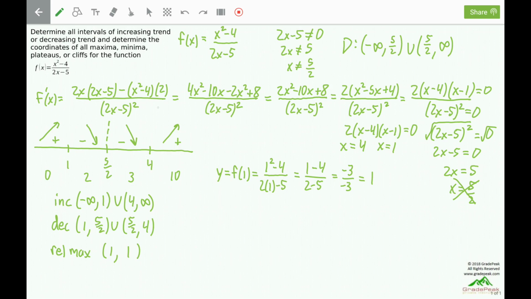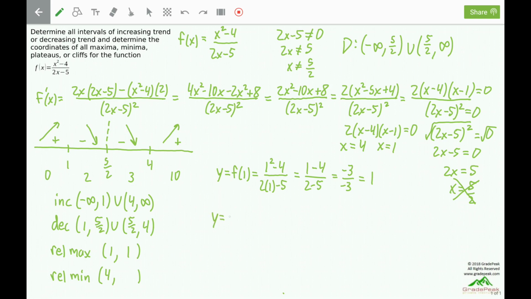Right at the critical number of x equals 4, we have a trend change from decreasing to increasing. That means 4 is a relative minimum. Has an x-coordinate of 4 and a y-coordinate that can be found by plugging the 4 into the original function.